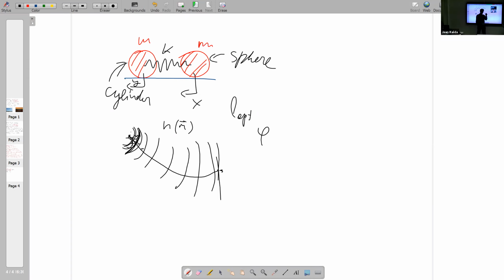So the phase is the integral of k dr, where k is the wave vector and dr is the displacement. So k dr is a small displacement d phi, and you sum up over the given trajectory all the d phis.